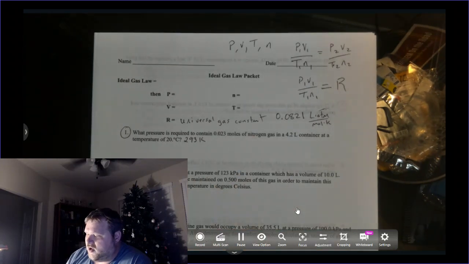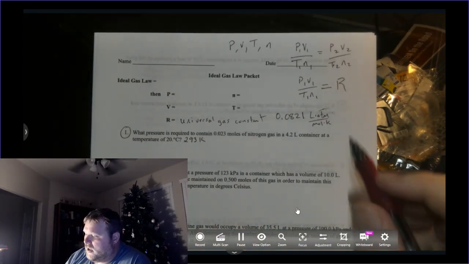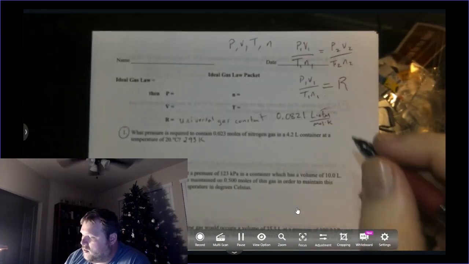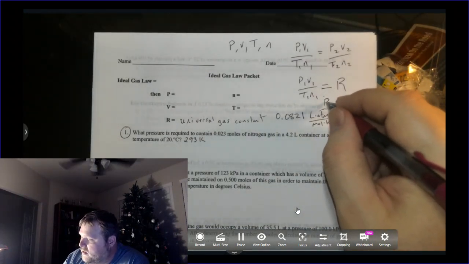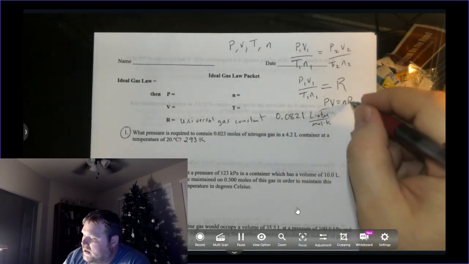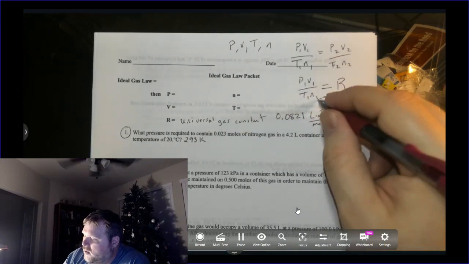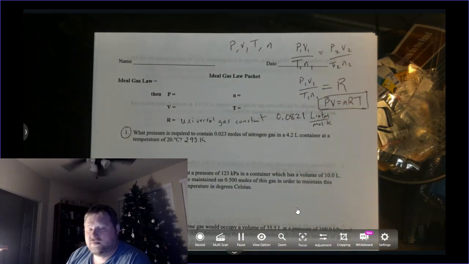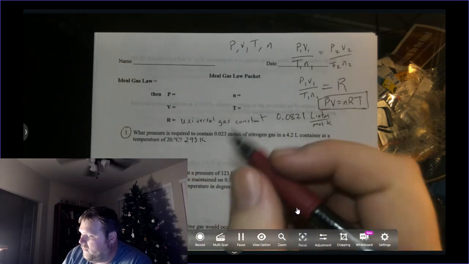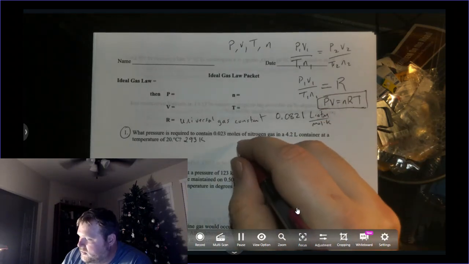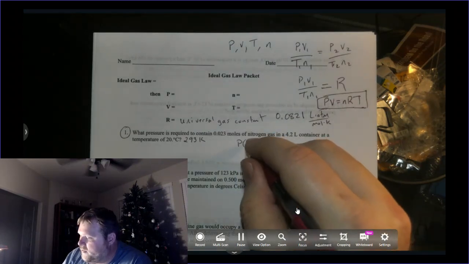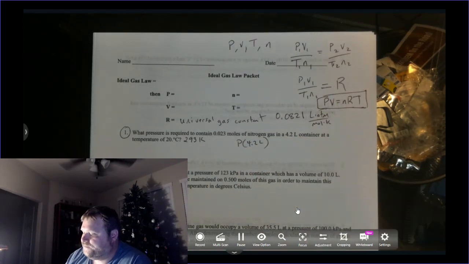So what is the equation that I'm going to plug into? Well, it's this one. I'm just going to rearrange it into what we normally call the ideal gas law. I'm going to multiply both sides by N and T, giving nRT, and we call that PV = nRT. So we're going to plug into PV = nRT here. Our variable is the pressure, so we're going to say P. In this problem, our volume is 4.2 liters.